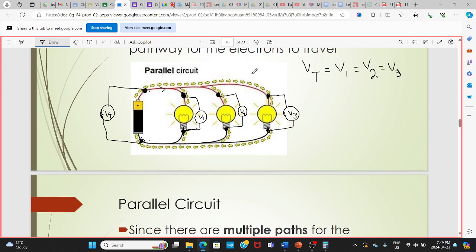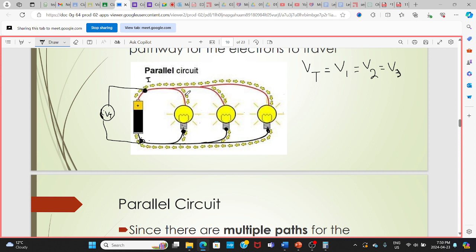Actually, I'm gonna erase this a little bit so you can see that better. See, the current is coming. The current is like an I, right? I call it I. Current coming from the battery.